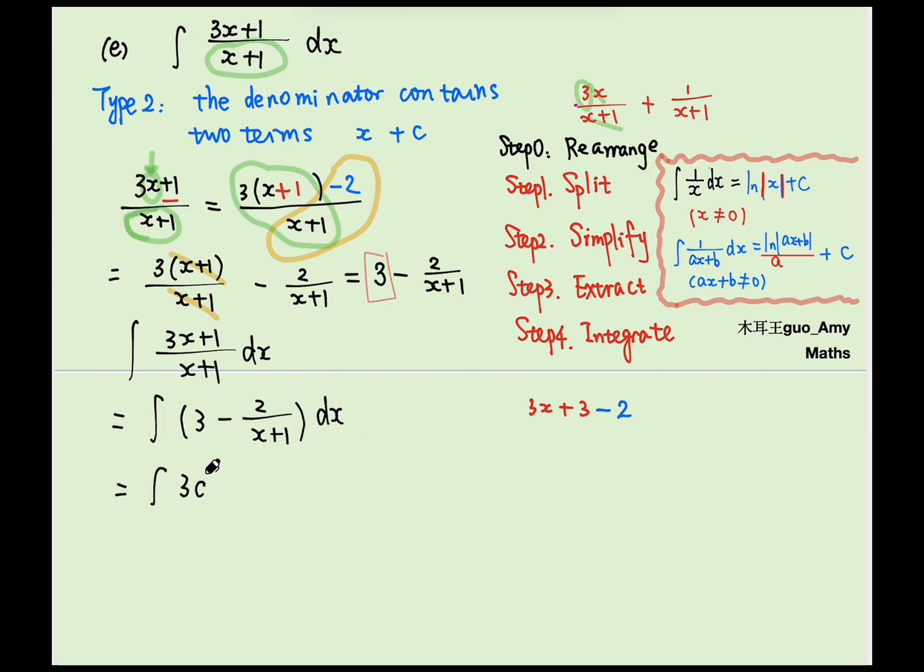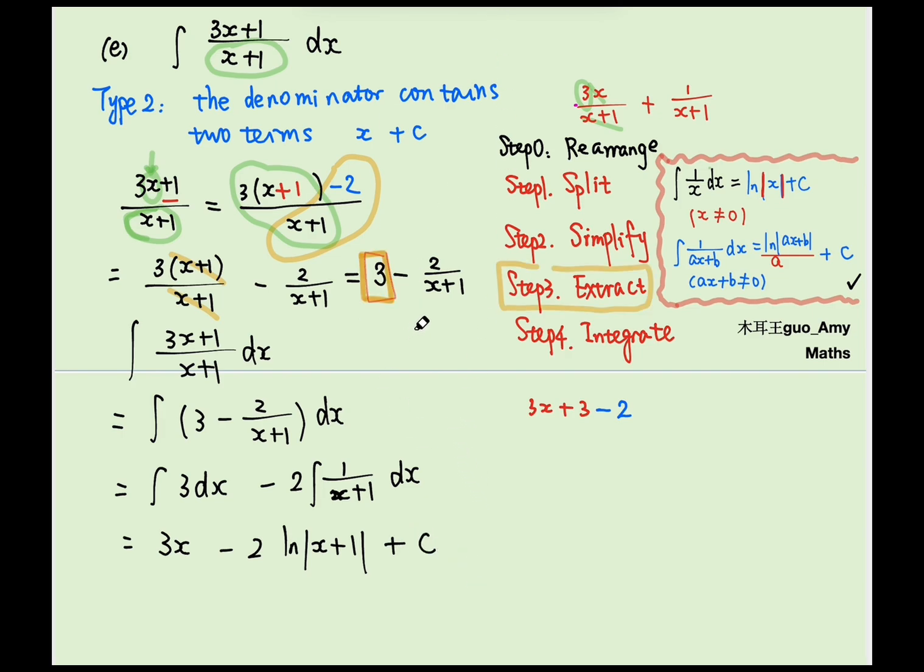Integrate them individually, and for the second one, we can put 2 to the front, 1 over x plus 1 dx. First part, we have 3x. For the second part, we will use the second formula here to get ln absolute of x plus 1. The coefficient of x is 1, so divide by 1, it's just itself. Then add c. It is the final answer.